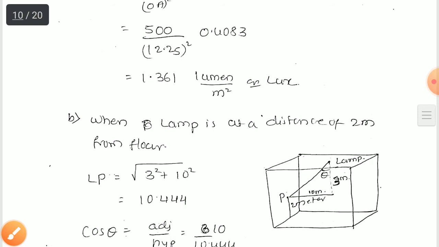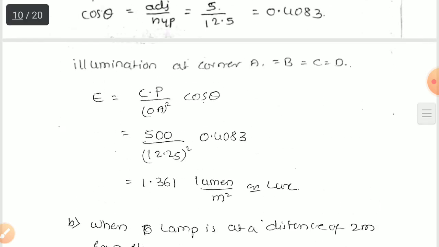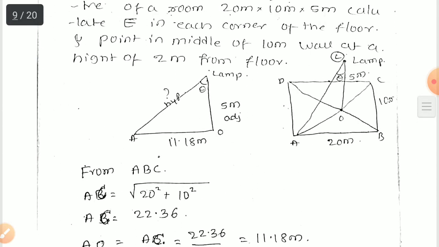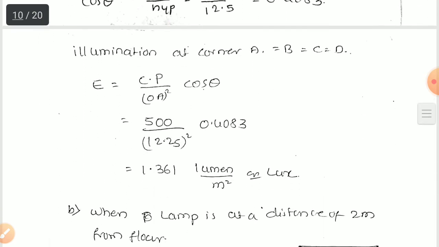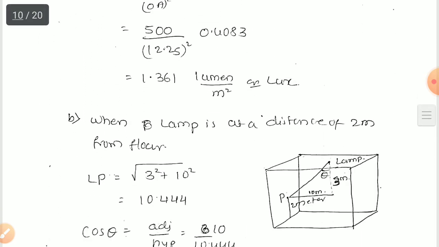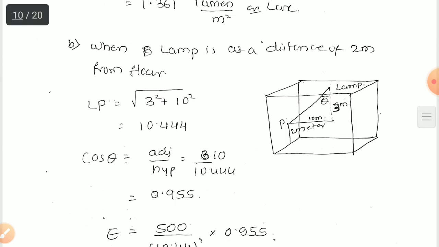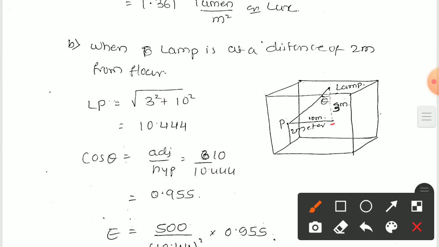So this is the second thing you have to calculate. When the lamp is at a distance of 2 meters from the floor, what is the illumination? So this is about this problem. Here the 20 meter dimension, I am taking the middle, so it is 10 meters. The total height is 5, and they said 2 meters from the floor, so the lamp is at a height of 3 meters from the ceiling.